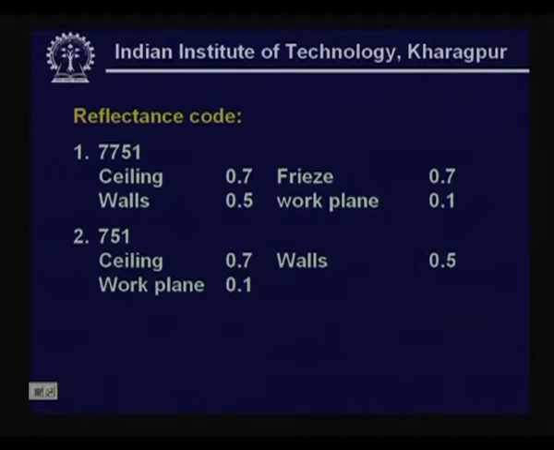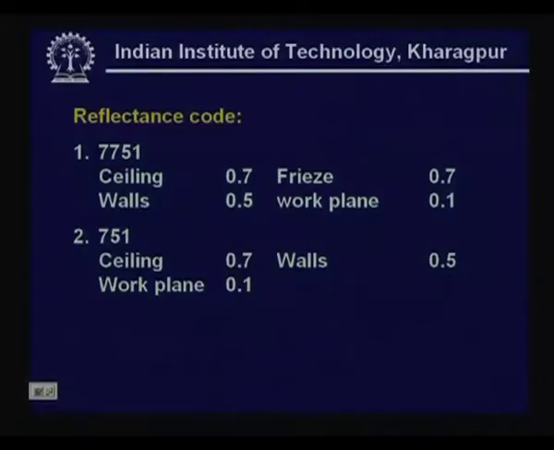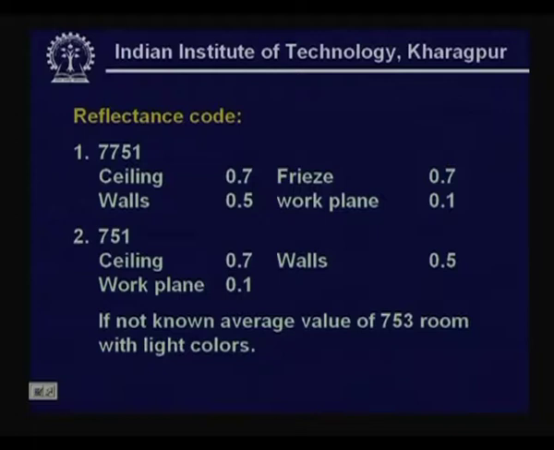Now, this is how it is specified, but these have to be considered according to the type of interiors one has. So, the lighting engineer has to sit with the architect and the interior designer to look at these factors and then choose accordingly. But if these are not known, the general design principles for interiors tell us that an average value of 753 can be taken if light colors are used.